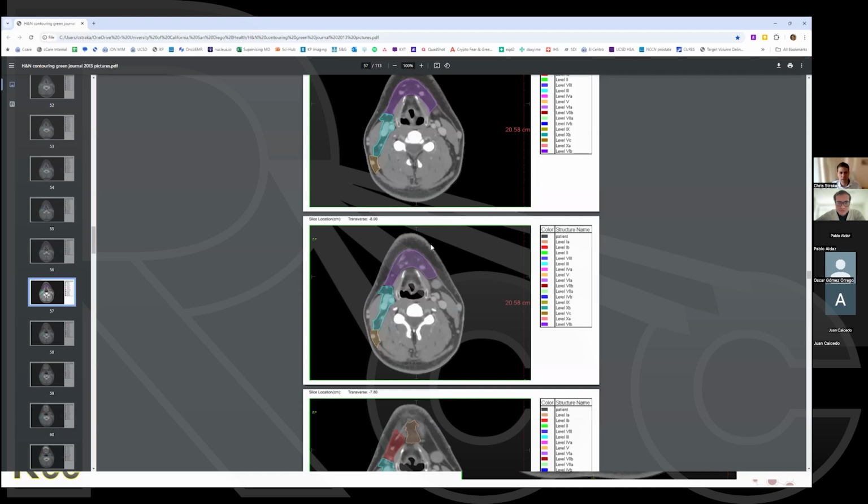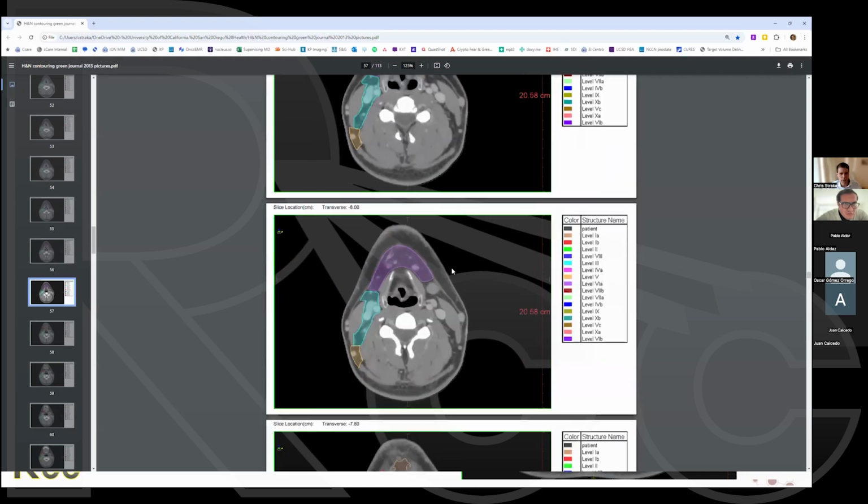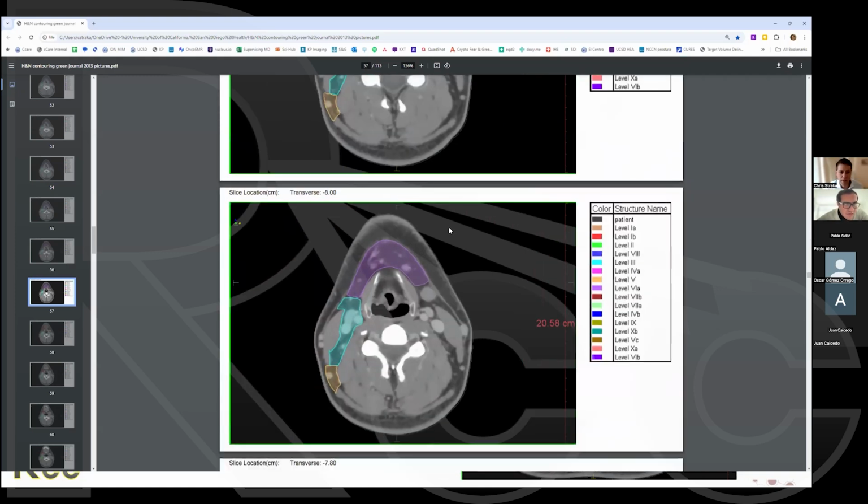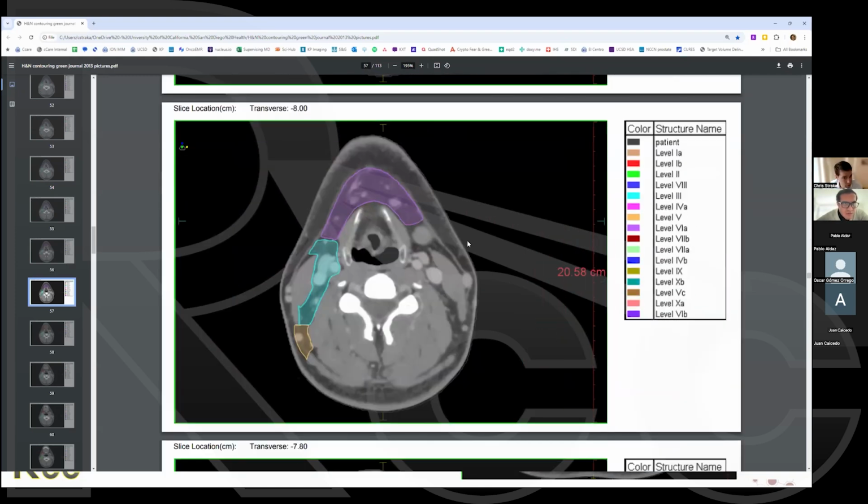I'll make this a little bit bigger so it's easier to see. We're starting at the level of the supraglottic larynx, and you can see we have level 2 and level 5 in blue and yellow, and the purple is level 6A.